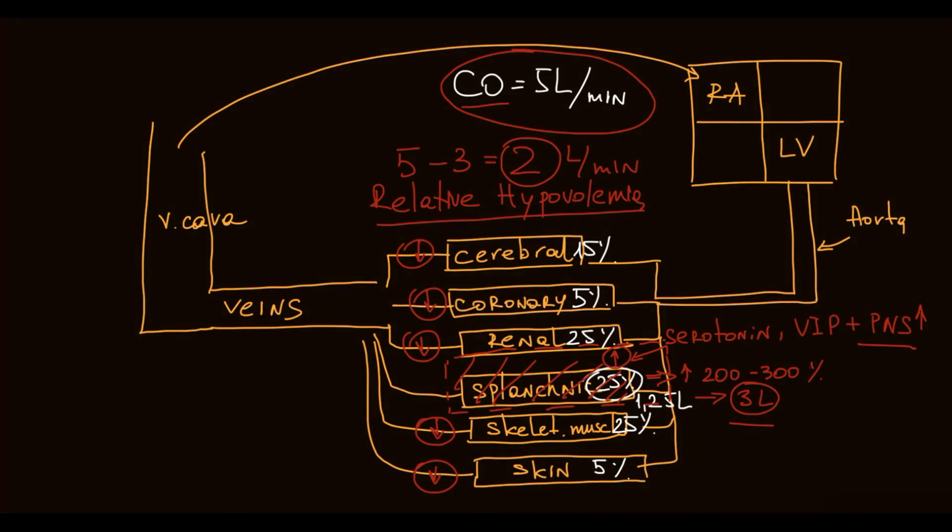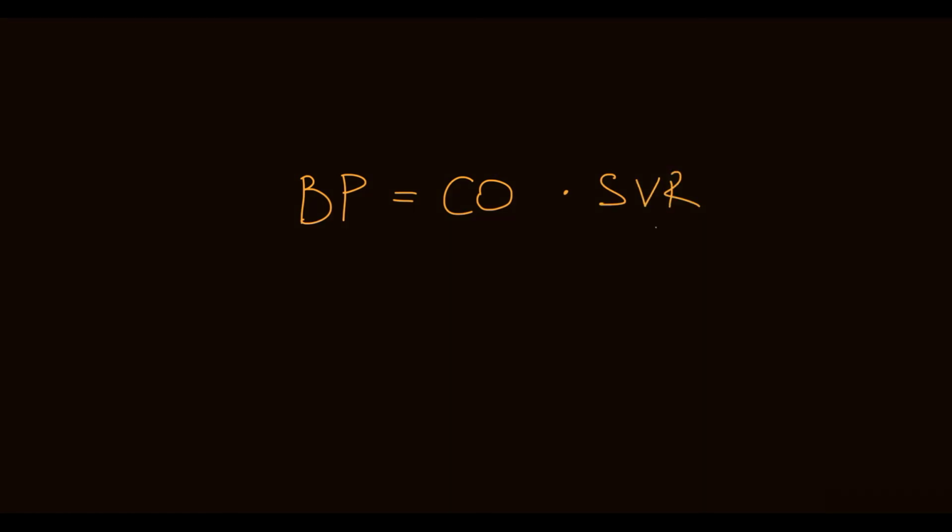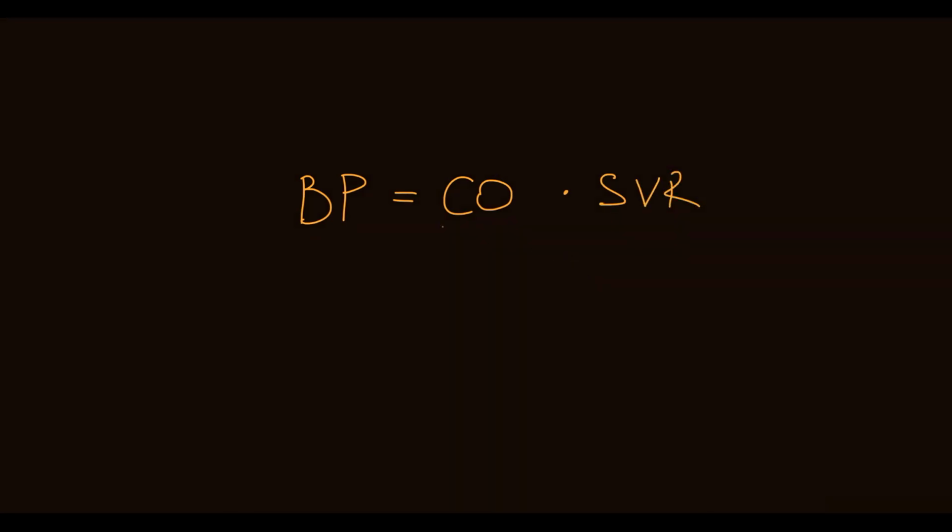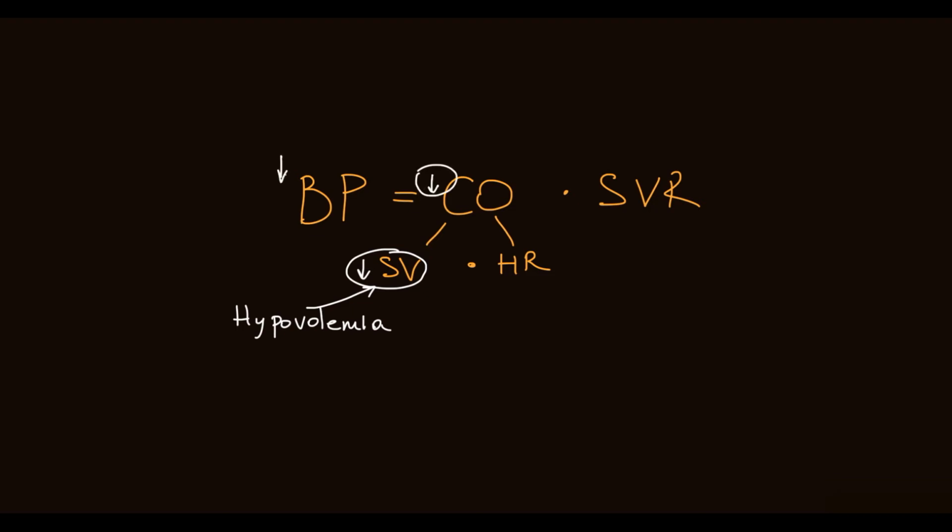It's important because these two factors, relative hypovolemia and decreased systemic vascular resistance, cause decrease in blood pressure. Recall that blood pressure is equal to cardiac output times systemic vascular resistance, and cardiac output is equal to stroke volume times heart rate. With hypovolemia, stroke volume decreases, and reduced stroke volume causes decrease in cardiac output, that directly causes decrease in blood pressure.